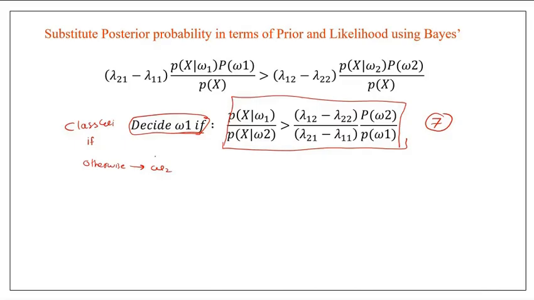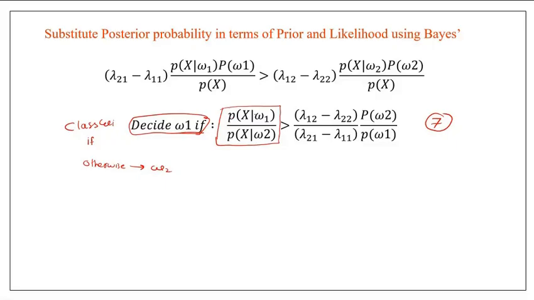Now what is this equation 7? You just see carefully. What is this ratio? This ratio is the likelihood ratio. This ratio is the ratio of two likelihoods. The numerator is probability of x given omega 1, so it is the distribution of x in omega 1, and the denominator is the distribution of x in omega 2.